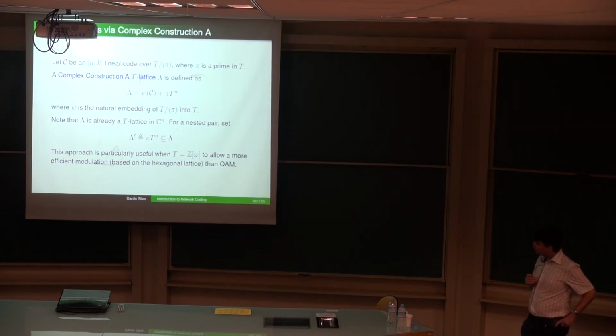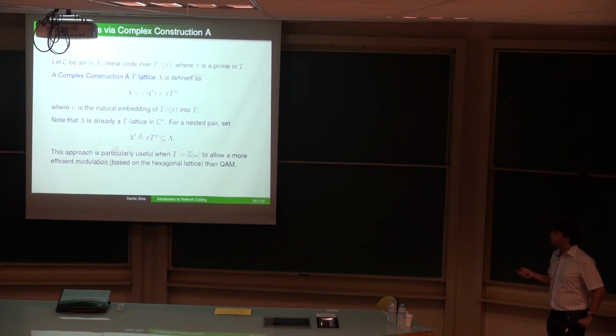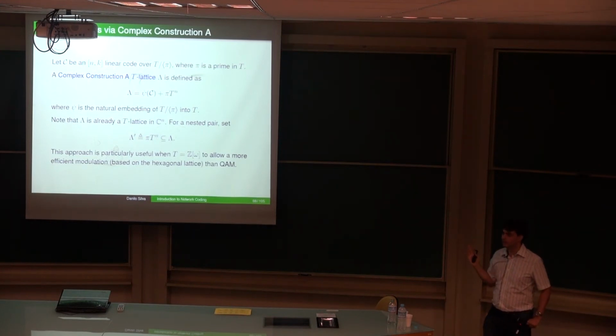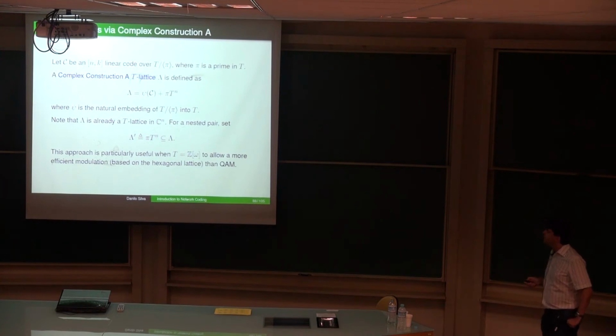You can also use complex construction A. In this case, we are generalizing the ring to T. It could be, for instance, Z[omega], the set of Eisenstein integers, and pi must be a prime in that ring.